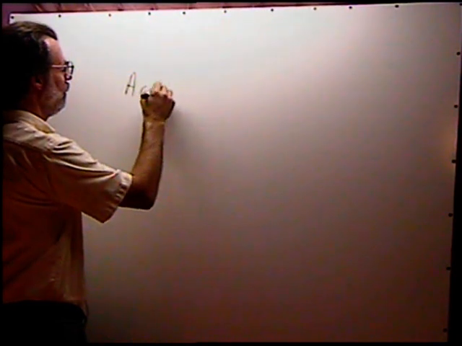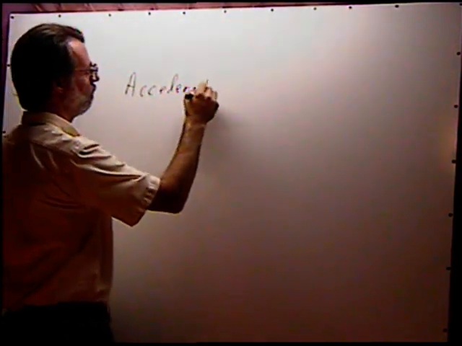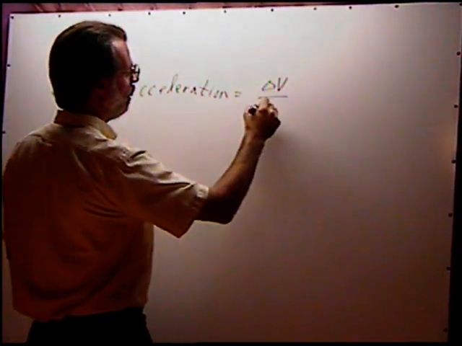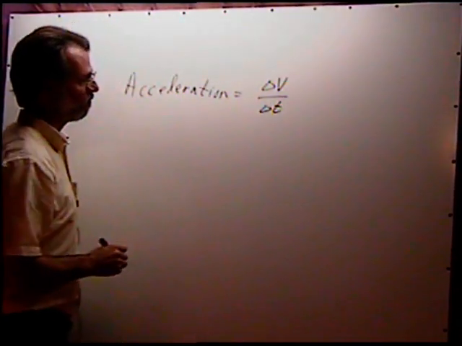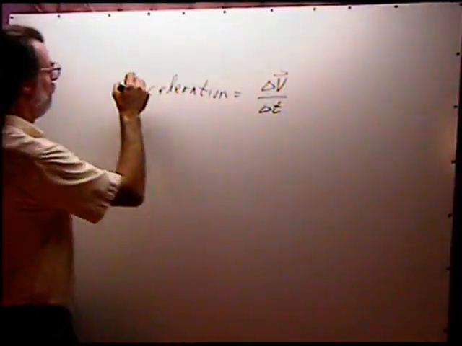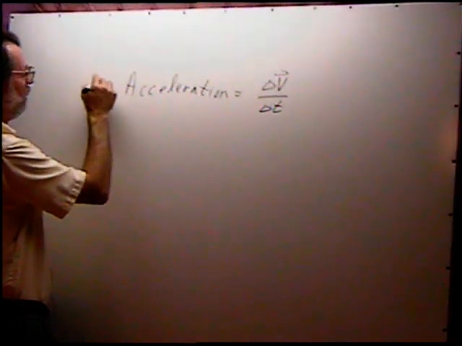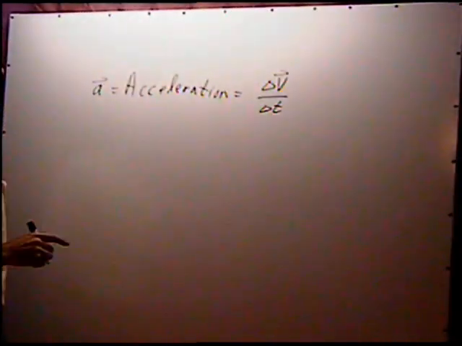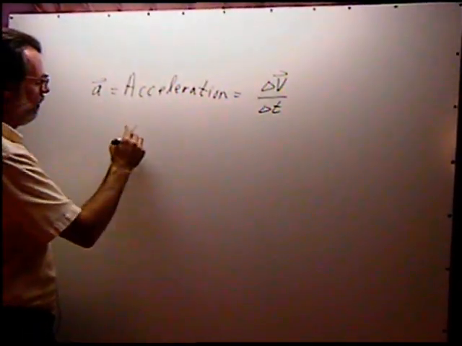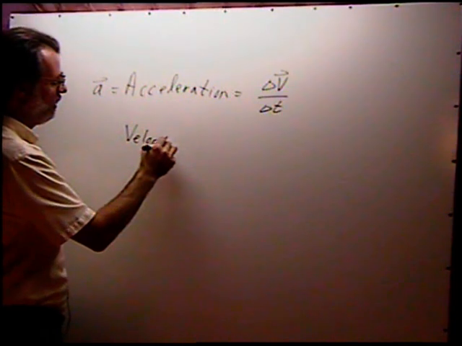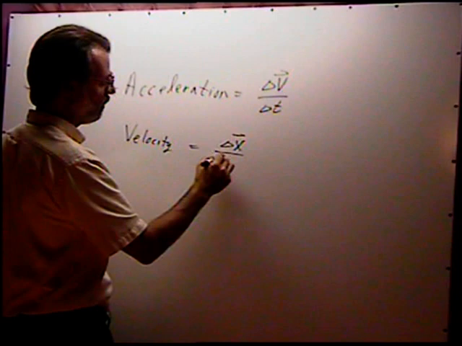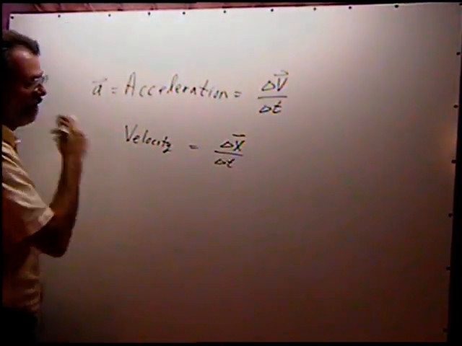Mathematically, acceleration is a change in velocity over a change in time, and this is a vector. Acceleration is a vector quantity. Notice that velocity is also a vector quantity: a change in displacement over a change in time.